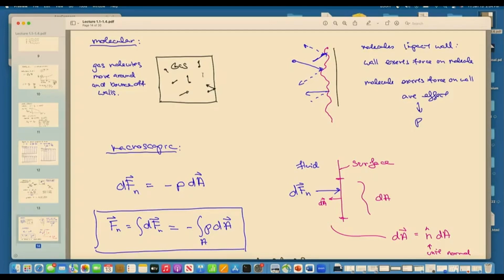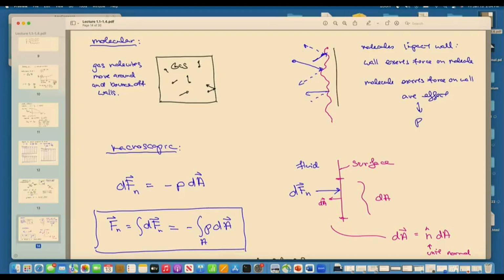But this force exerted on this surface, let's look closely and see what's going on with that. If we're looking at the molecular point of view, any surface is not going to be entirely flat, right? Depending on the material, it may be rough or irregular.